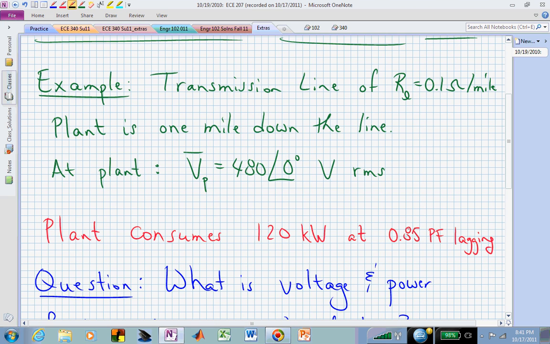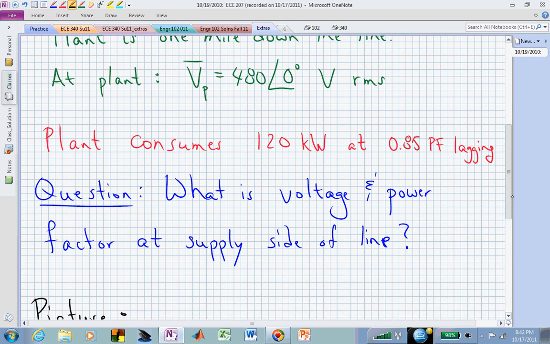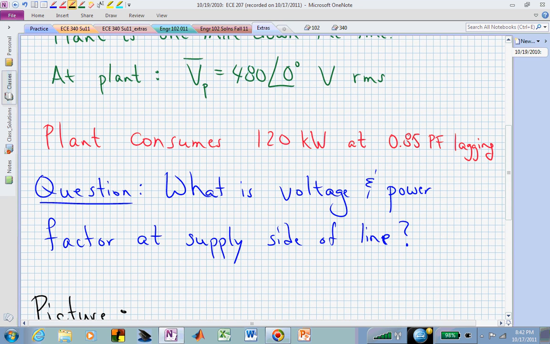The plant, or the first load, is 1 mile down this supply line, and at the first load, we know that the line voltage is 480 volts at an angle of 0 degrees, and that 480 value is an RMS quantity. We're also told that the plant itself consumes 120 kilowatts at a power factor of 0.85 lagging.